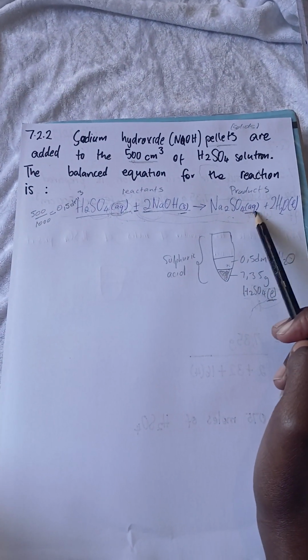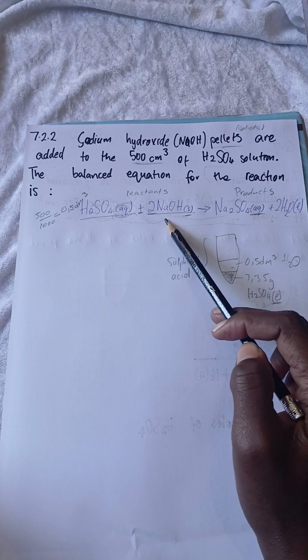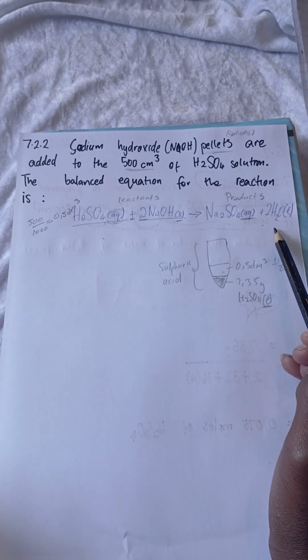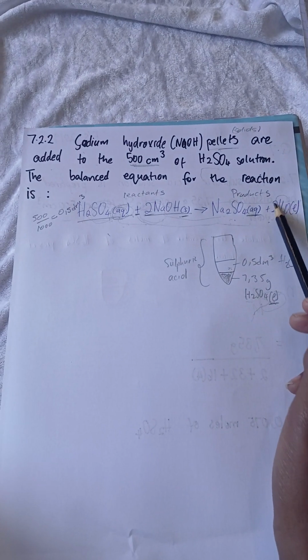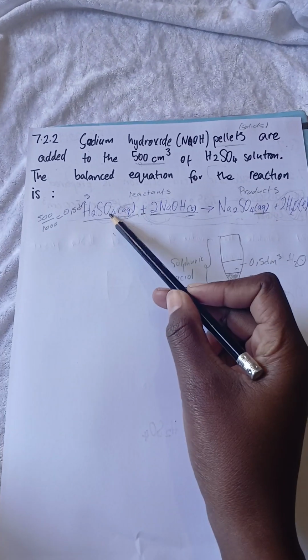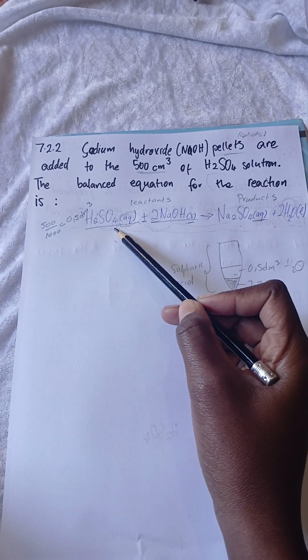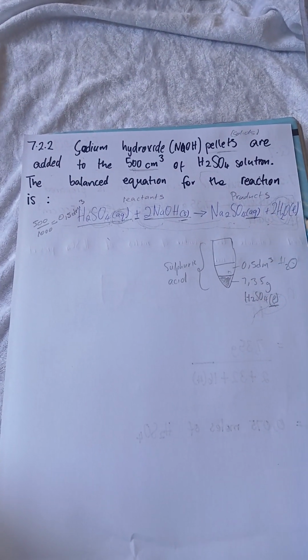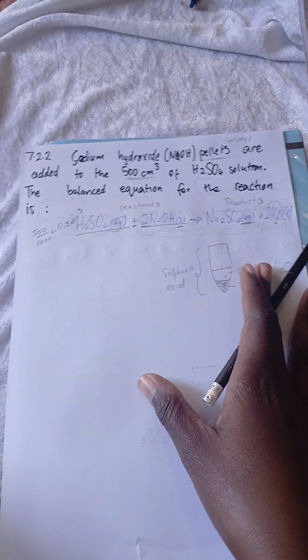That's why at the end of the day we're going to have an aqueous, because a solid dissolved inside a liquid. Another thing we are seeing is that H2O is part of the equation. Why? Because there was water. This aqueous solution is aqueous because water was mixed with it. So everything that is happening on this side will happen on that side.